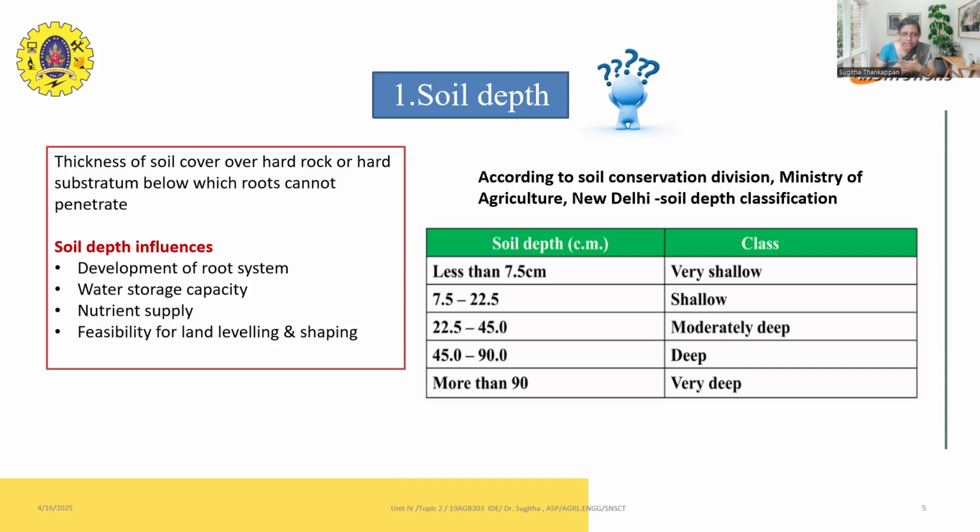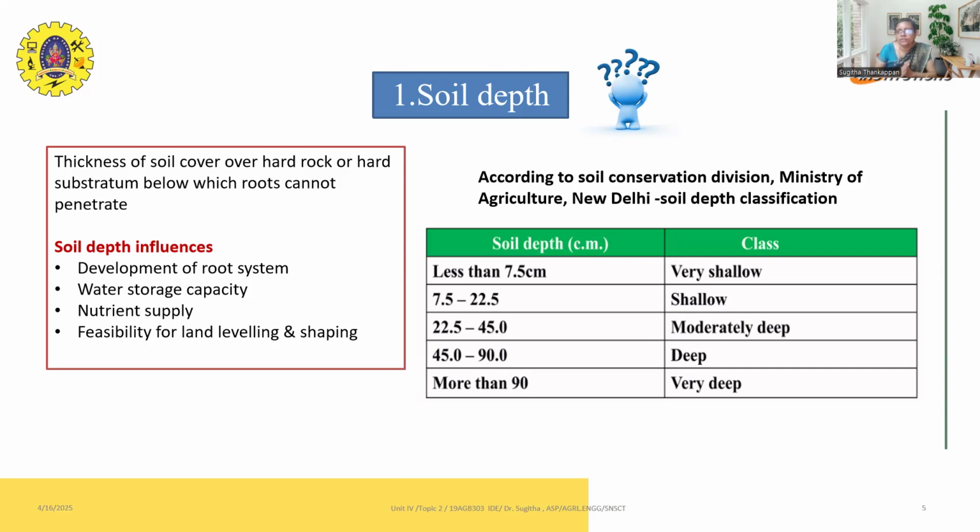Based on the soil depth, one can decide what field preparation operation can be carried out, which type of leveling, which type of shaping, whether we have to plow deep or pulverize, or what special operation we have to carry out.